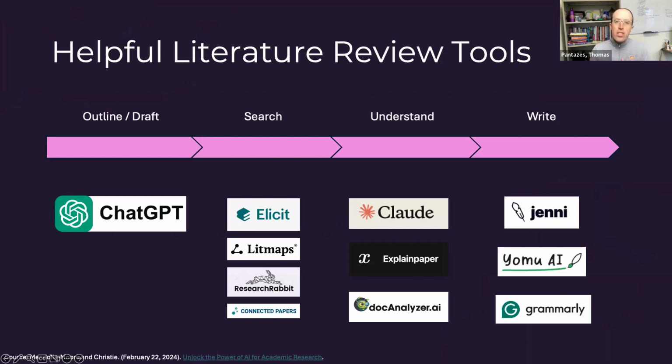And it highlights just some of the different tools that have the ability to help at very distinct points in the research process. Some of these tools we have tried in the office, things like ChatGPT, Claude, Elicit, Litmaps, Connected Papers, Grammarly, and Jenni. We have a little bit of experience in our office with those different tools. Some of the other ones that you see up there, we have not had a chance to try yet.